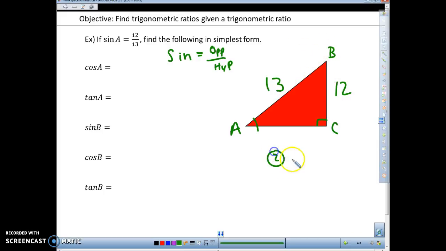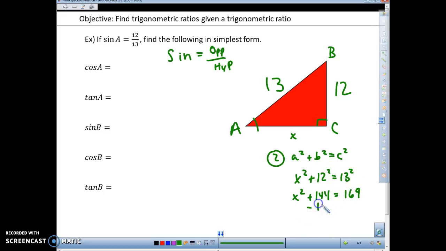Step 2 is to use Pythagoras' theorem to figure out the third side. I don't know this leg, so I'm going to say x squared plus 12 squared is equal to 13 squared. x squared plus 144 is equal to 169.